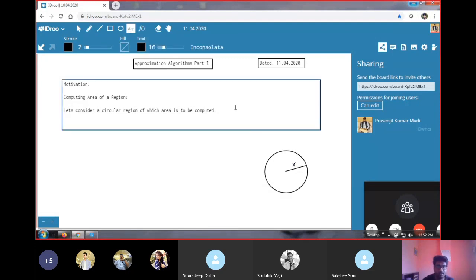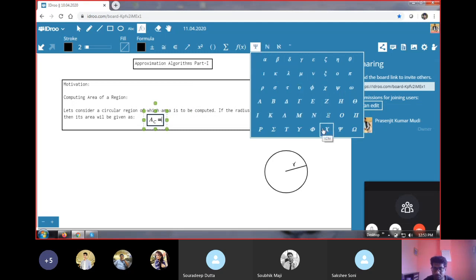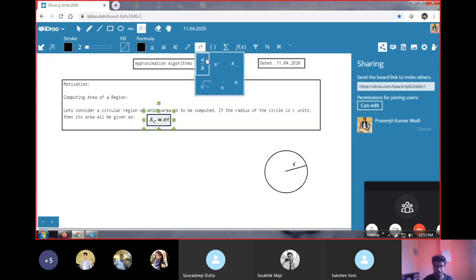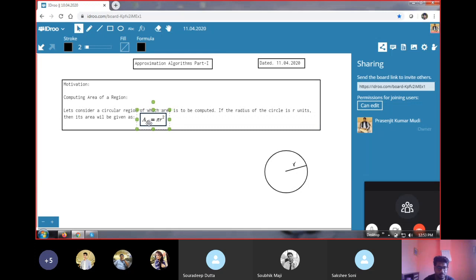And we know that if the radius of the circle is r units, then its area is given as A equal to pi r square.